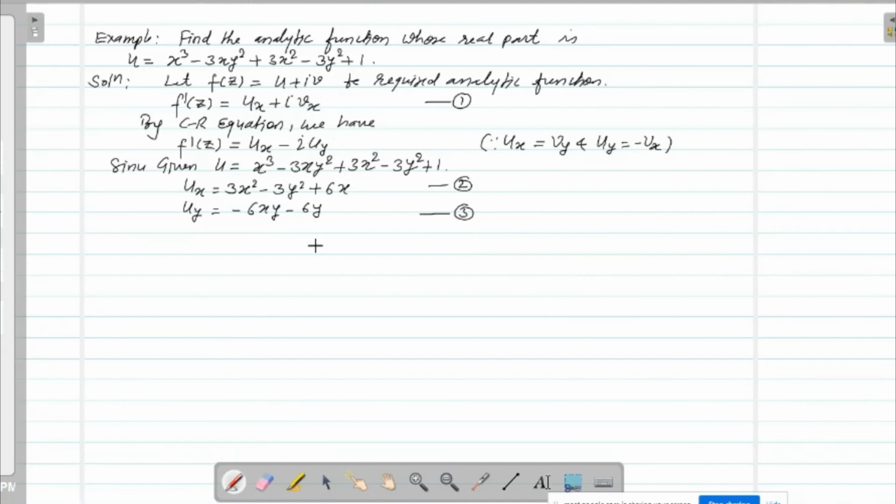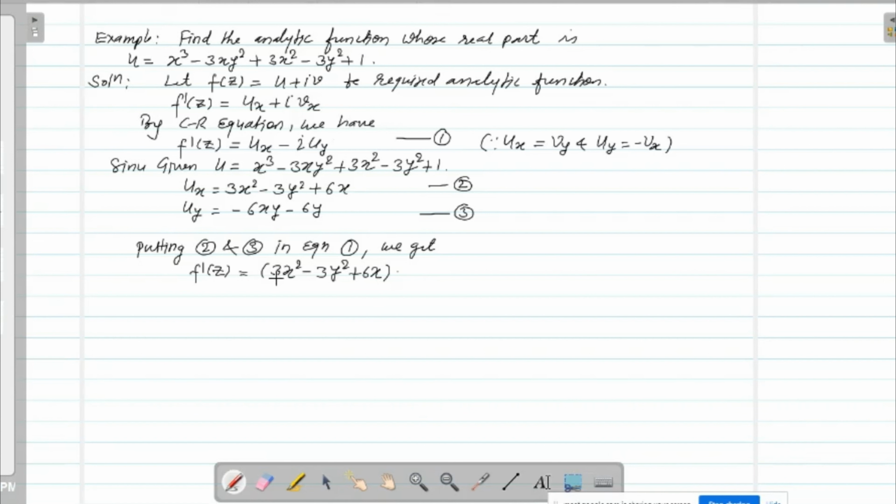Now putting 2 and 3 in equation 1, we get f dash of z equal to ux, that is 3x square minus 3y square plus 6x, and minus i times uy, that is minus 6xy minus 6y.